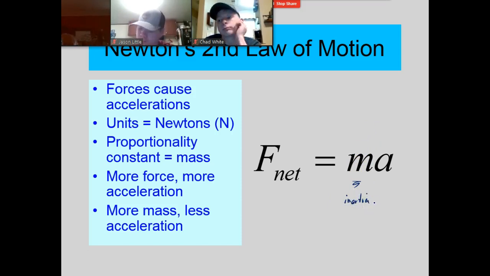The larger object has more inertia, a smaller object has less inertia. The acceleration means change of velocity, that means change of motion. The only way an object has a change of motion is to accelerate. If it's accelerating, that means there's some net force acting on it. Forces cause accelerations. Accelerations result only from forces.